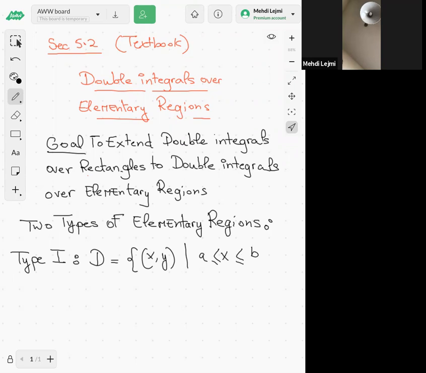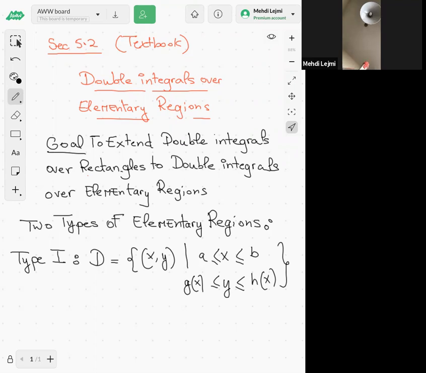And y is between two functions of x, let's say g of x and h of x. Of course, g and h both are continuous functions on the interval [a, b]. So this is the first type.